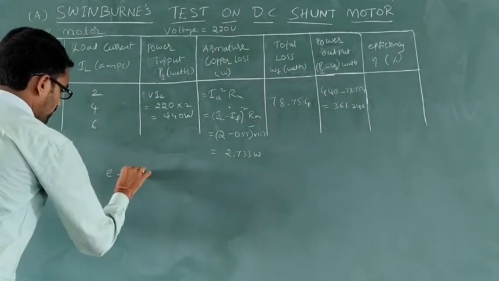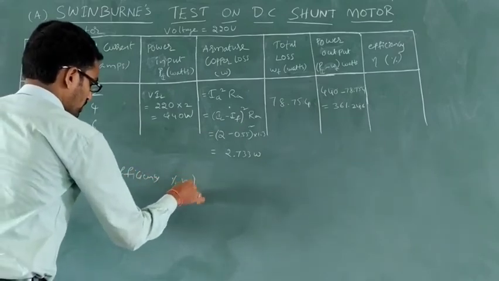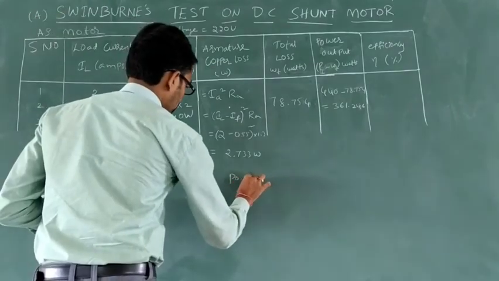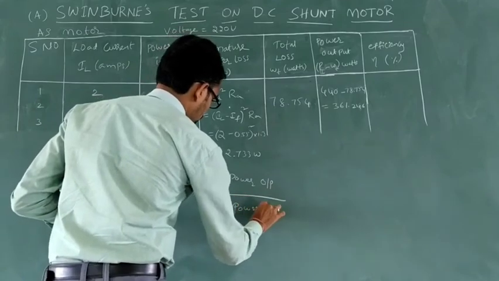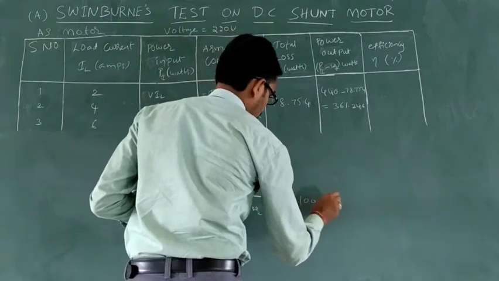So power output is 361.246, and we have to calculate the efficiency. Percentage efficiency, eta, I am calculating: power output by power input into 100.